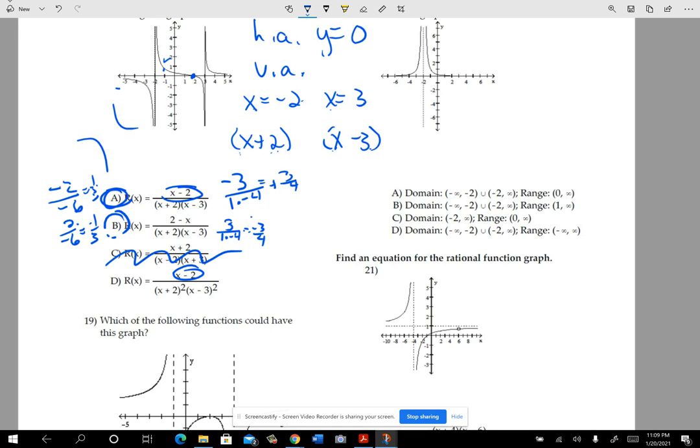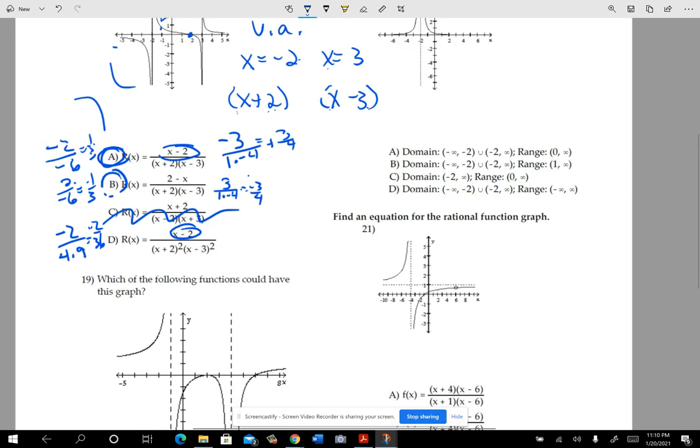Plug a 0 into the last one, and you get -2 over 4 times 9, which is -2 over 36. And that seems a little off. That's a tiny number, and this is a third of the way to the 1.